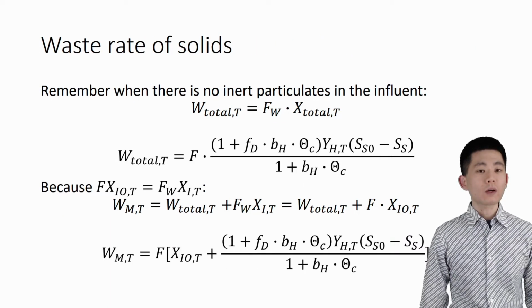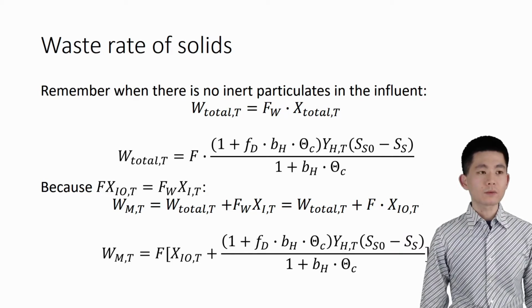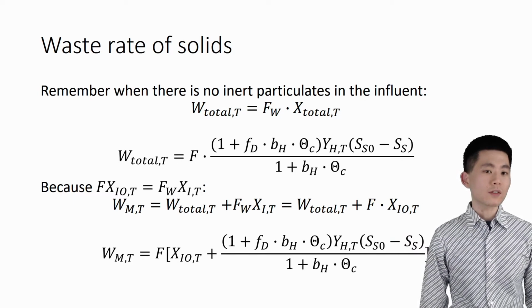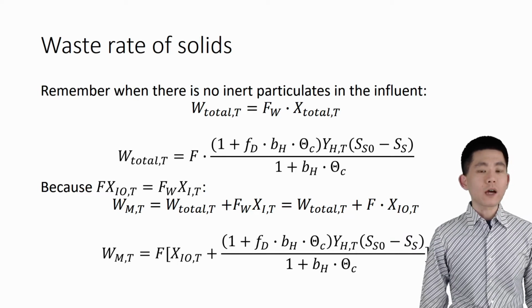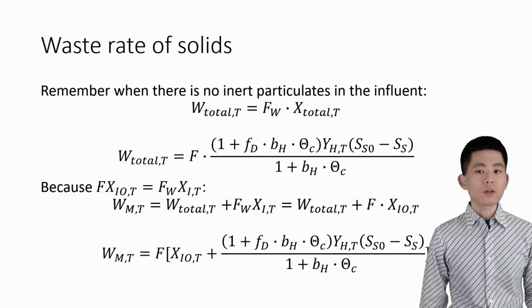Because the inert particles are removed by the biomass separator or the clarifier, the expression for the biomass wastage rate should also include inert particles. So the wastage rate should be the previously expressed wastage rate or excess biomass production rate without inert particles, plus the inert particle concentration in the reactor times the wasting flow rate.